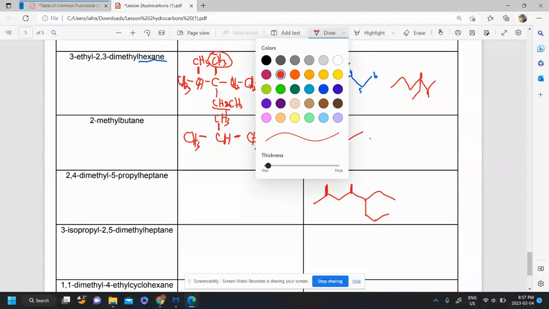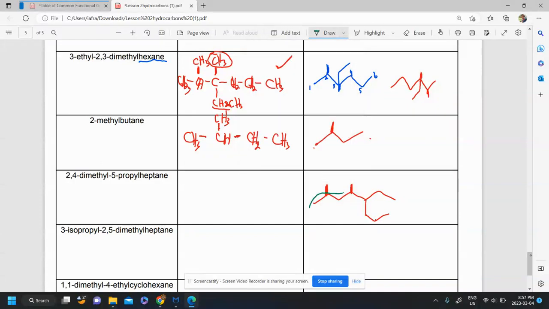Now, here's something I want you to notice. Sometimes when I draw from a name, I go back and I rename the drawing to see if I get the same answer. And so if I look at my parent chain here, 7 carbons, I notice something interesting. That's actually not my longest chain.